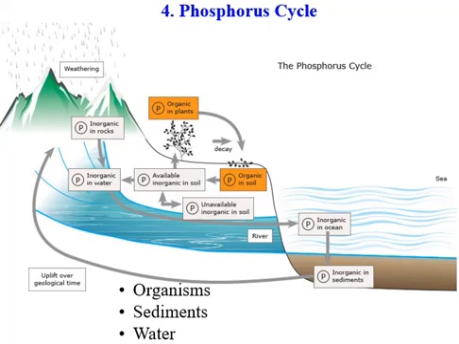So you have an organic input of phosphorus into the soil and an inorganic input of phosphorus into the soil, from living things that have died and from sediments that have been eroded.